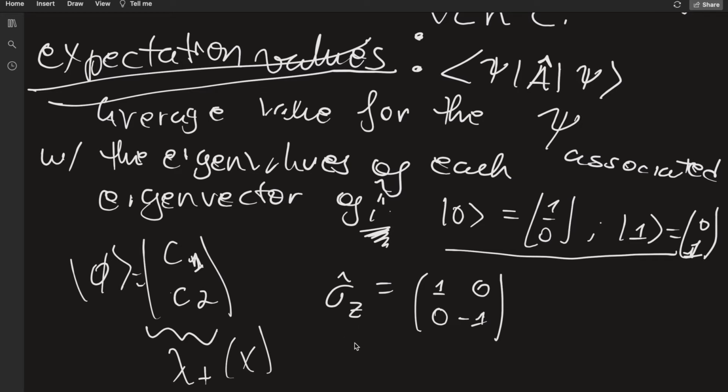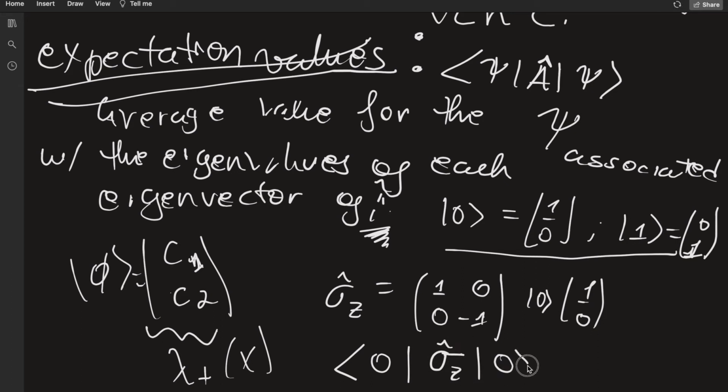So I'm taking the projection of maybe one of these states. I'm using the eigenvector to simplify things. We should expect to find 1, okay? This is a diagonal matrix.